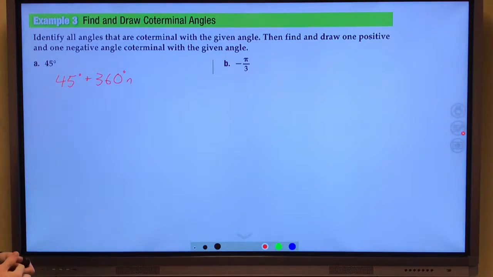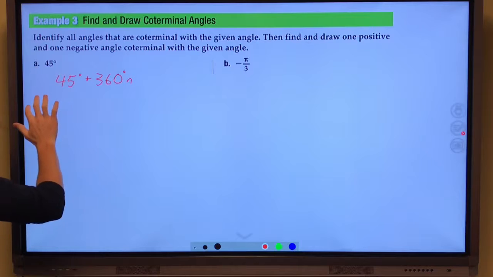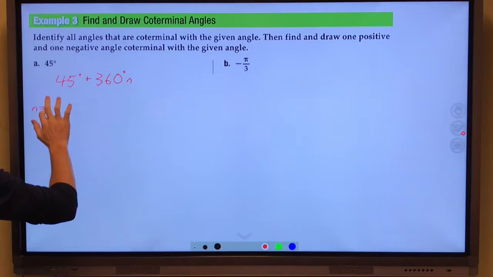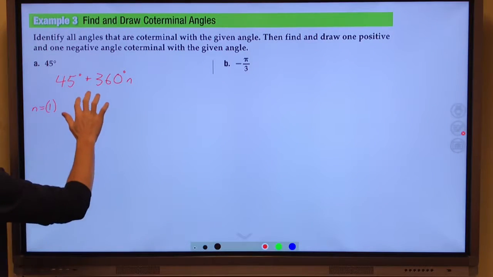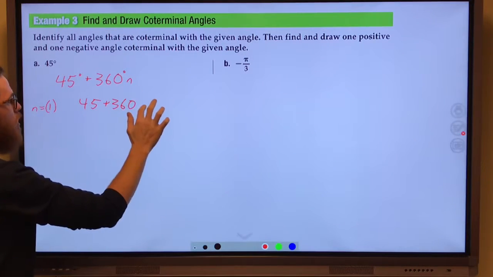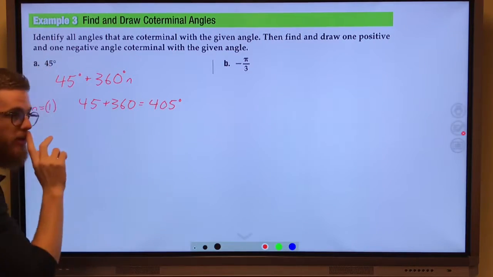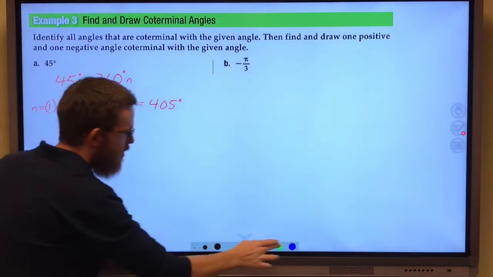Then we want to find and draw one positive and one negative angle that's coterminal to this one. Well, I'm going to let n first be a positive 1, just simple enough. That would be 45 plus 360, which would give me 405 degrees.